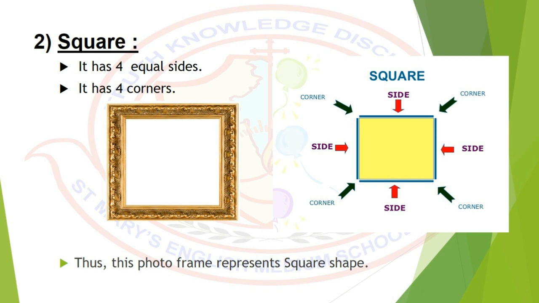And all the 4 sides look the same in length. If you measure using a scale or ruler, we can see all 4 sides are of the same length. Thus, this photo frame represents square shape.